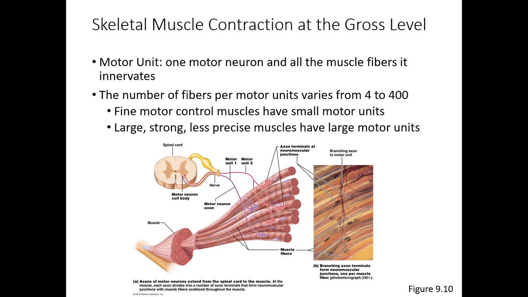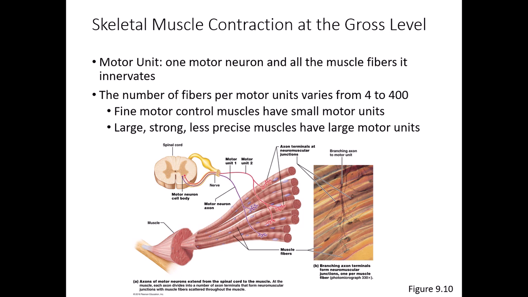Okay, so we want to define a few terms here. A motor unit refers to one motor neuron and all of the muscle fibers that it innervates. When we first started and looked at the neuromuscular junction, we saw a picture of a motor neuron coming down and splitting up into a whole bunch of axon terminals.